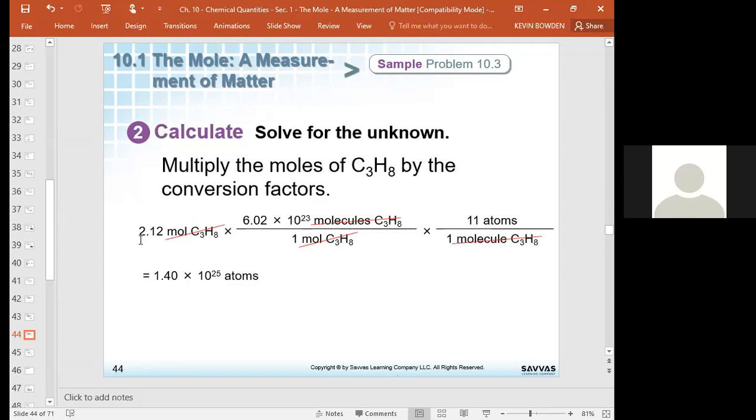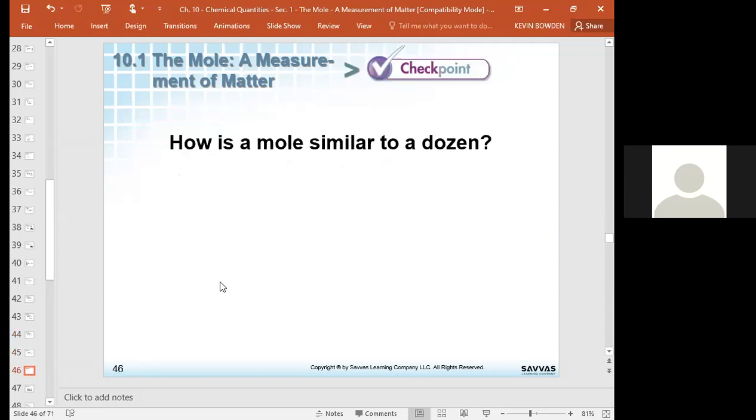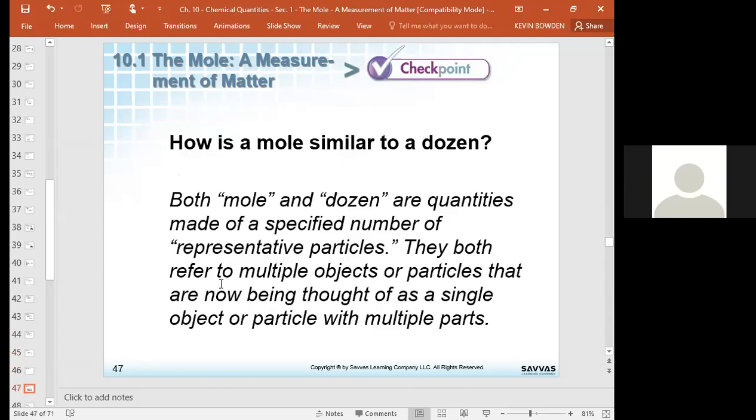Measured things like the measured moles do need to have their digits counted, and then you're limited in your answer to that. You want to claim as much precision as possible without claiming too much precision. So a mole is similar to a dozen because they're just weird words for certain numbers. They count things.